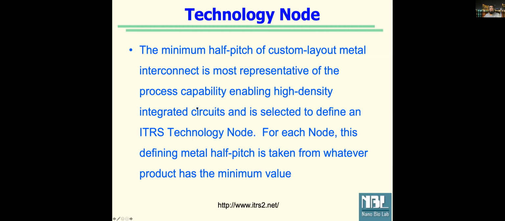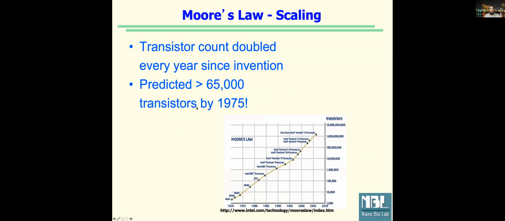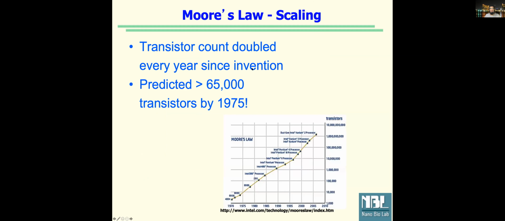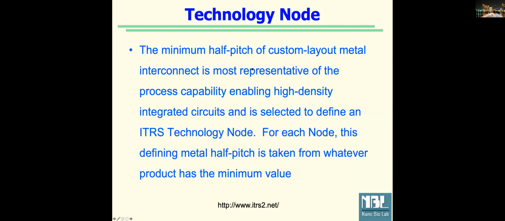All right, so let me go back. Here we use this word 7 nanometer technology. This is what we call the technology node. What it means is the current size of the chip.